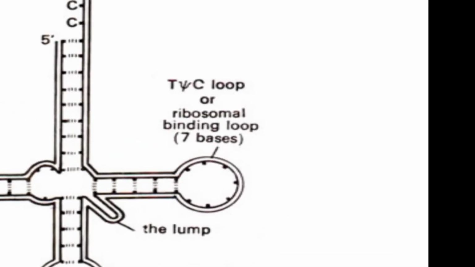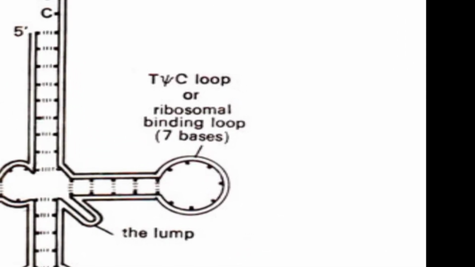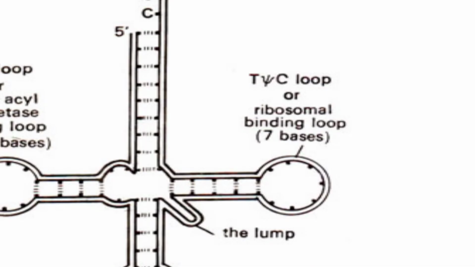On the right side you can see the T/C loop contains ribothymidine and pseudouridine. They are nucleotides.